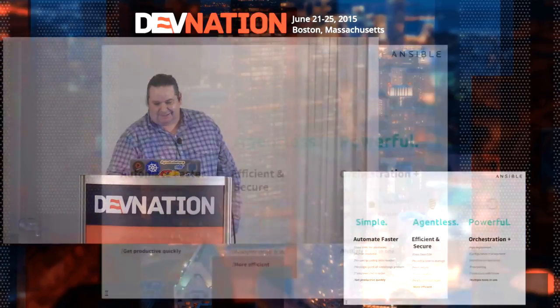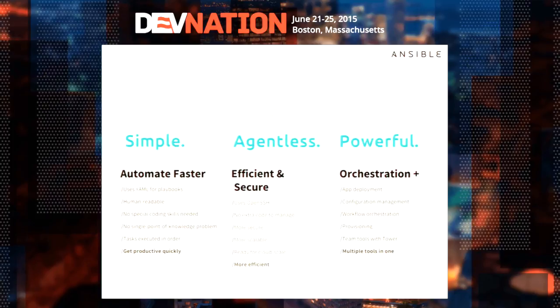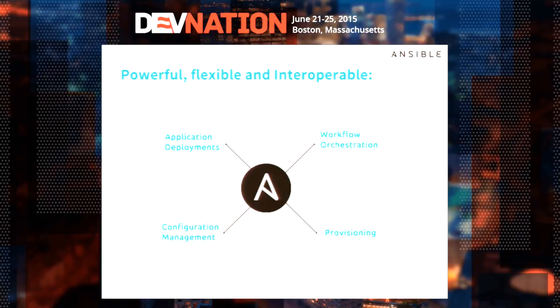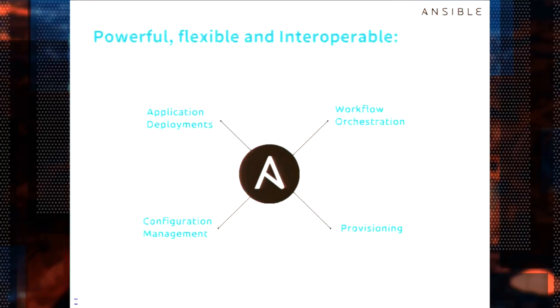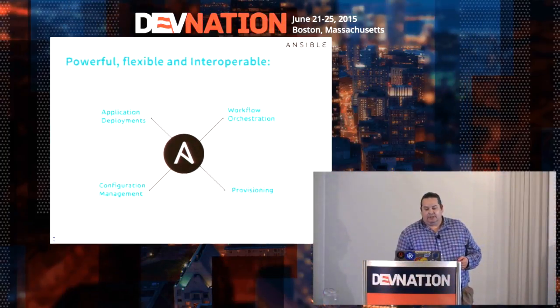If I can get the slide to work. Here we are. And now it works too fast. So Ansible uses YAML as a data description language. This keeps the actions very structured, very easy to read, and very parsable and easy to generate.